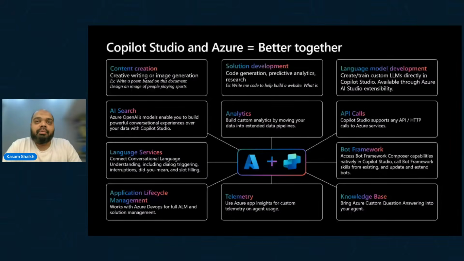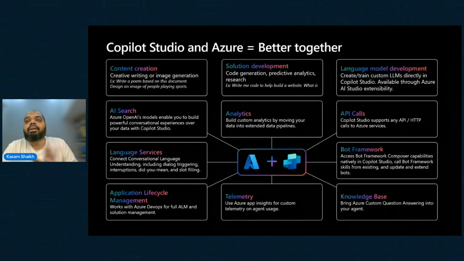Now I spoke briefly to how developers can look to Azure and build out custom extensibility for the agents built with Copilot Studio. This slide represents the breadth of capabilities from Azure that you can use with Copilot Studio, whether that is to extend the language model or the knowledge base, your development process, down to the analytics and telemetry.